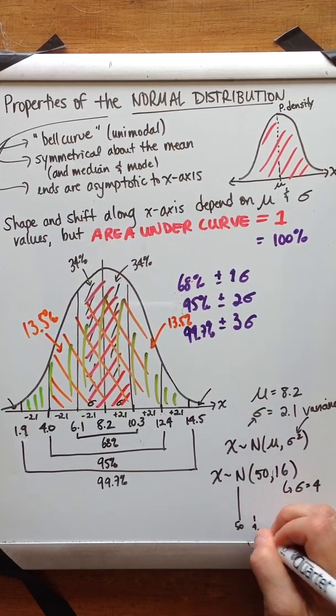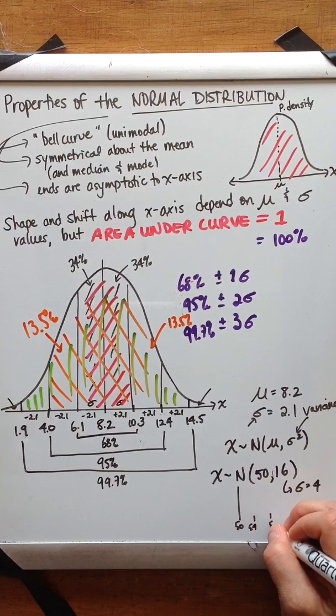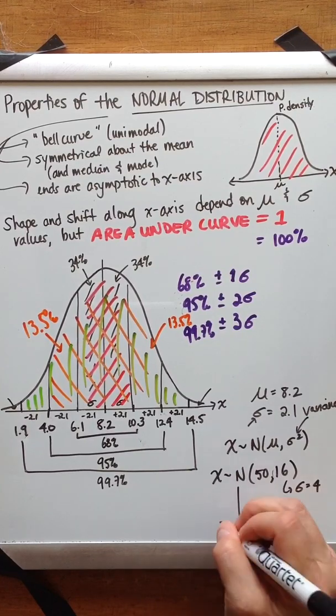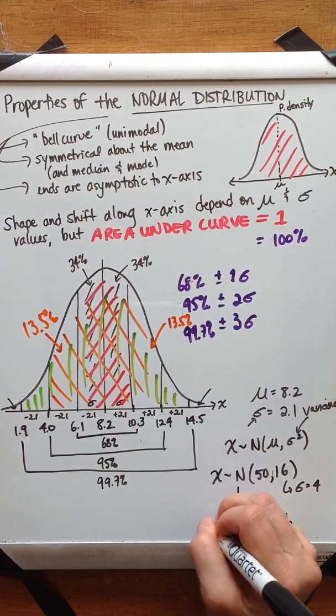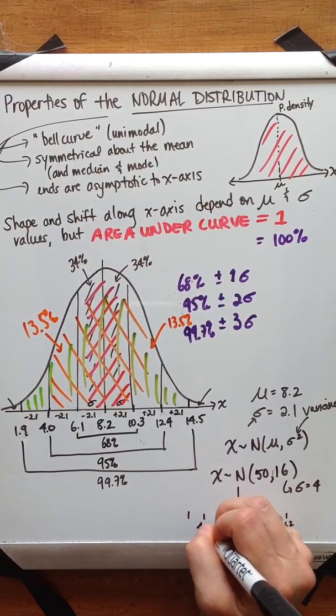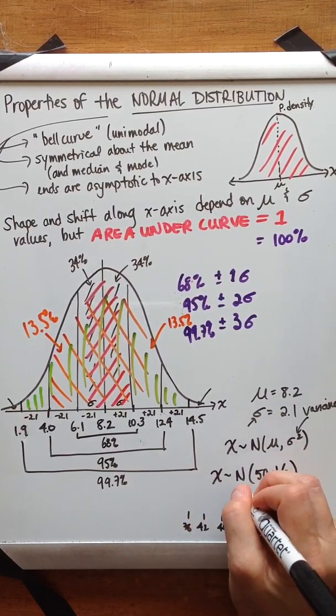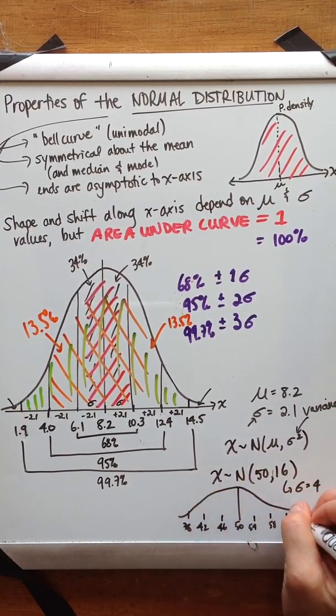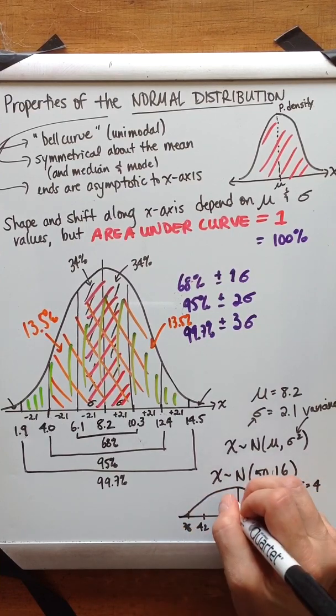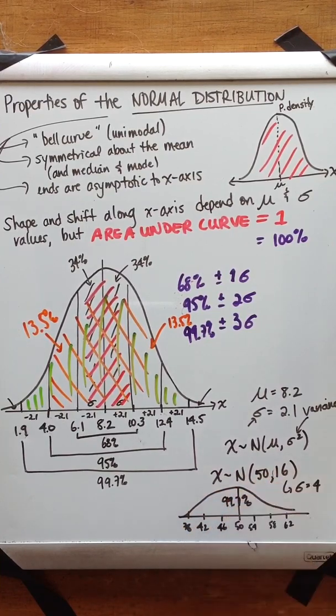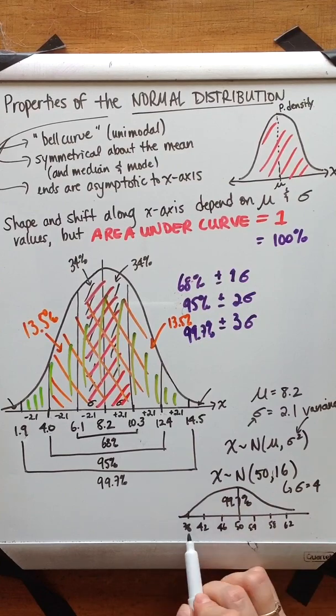So I could go 4 up to 54, 58, 62, and I could go down for 46, 42, 38, and I would know that 99.7% of all the data points would lie in a range between 38 and 62.